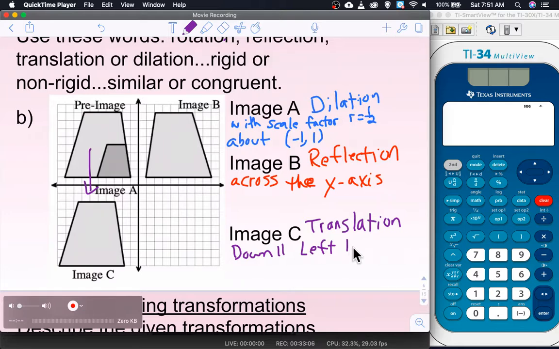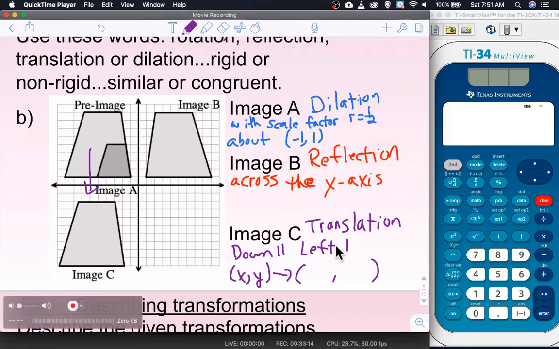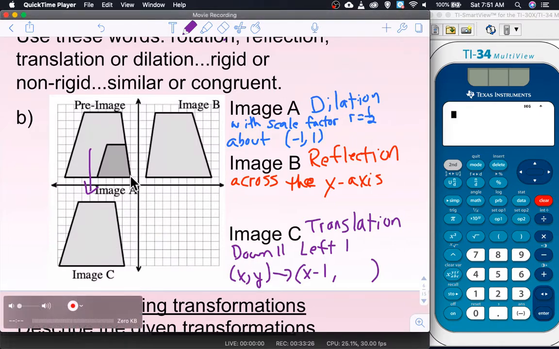But we can make it even better using the rule (x, y). So what happens to our x value? When we went left 1, our x value would go down by 1, right? This has -1, and now the x value is -2. It got smaller by 1. When we went down 11, what's happening to our y value?